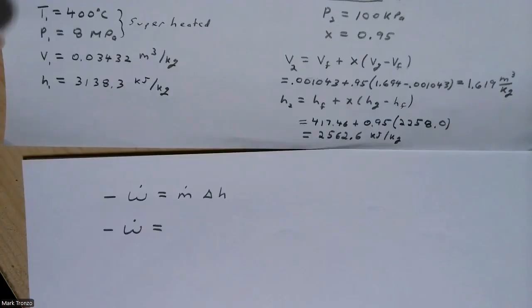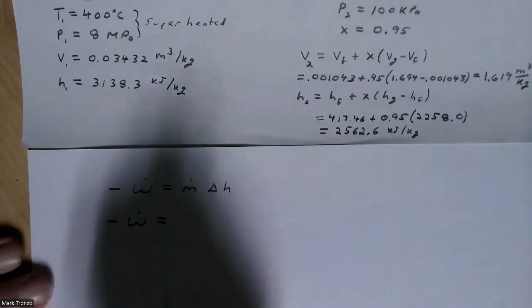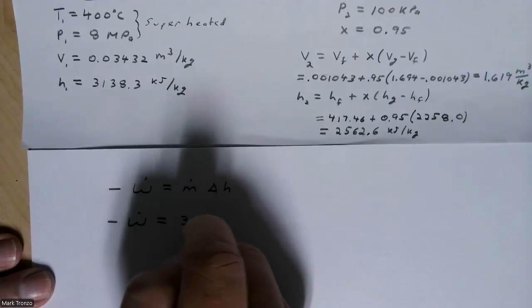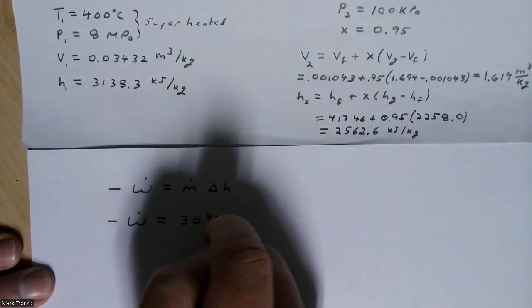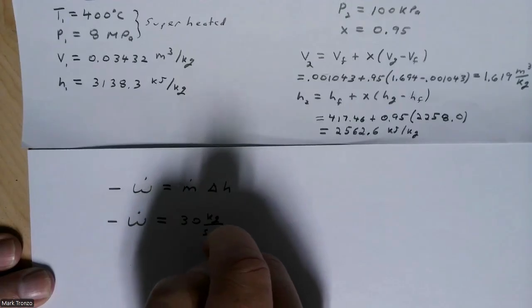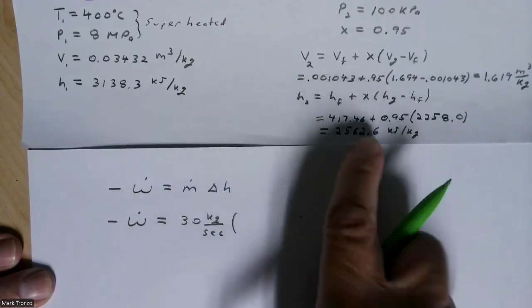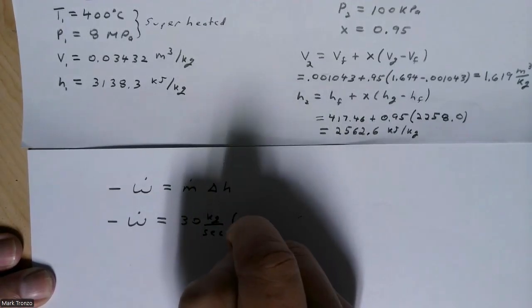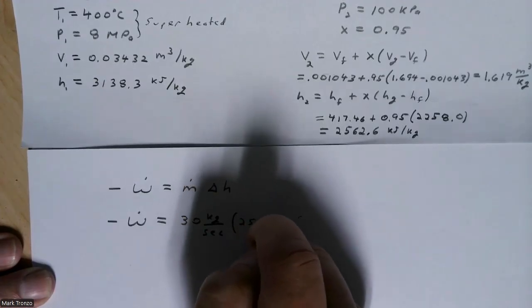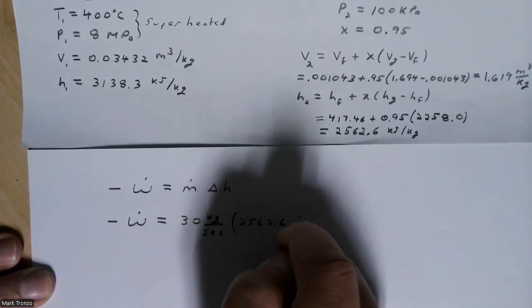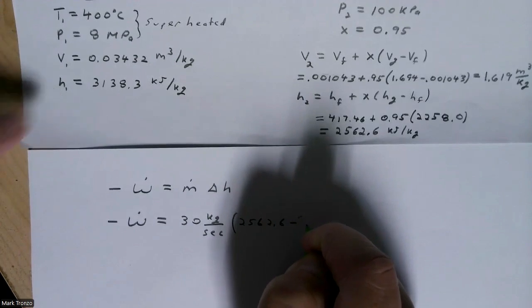Our flow rate was 30 kilograms per second. Our delta H, of course, is going to be H2 minus our H1.